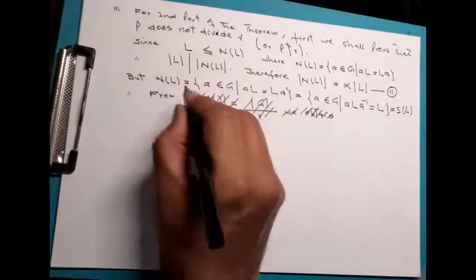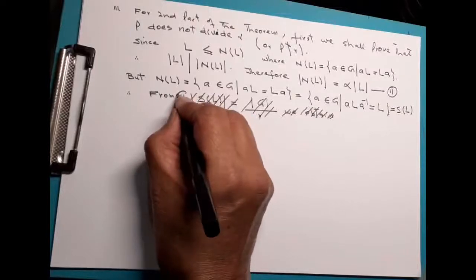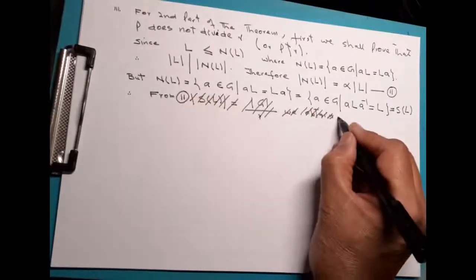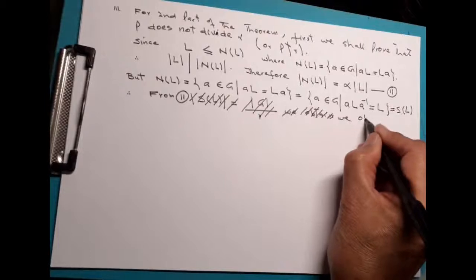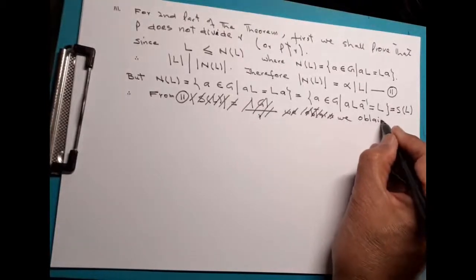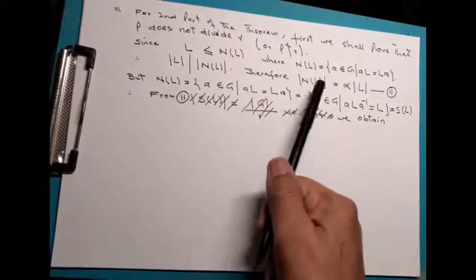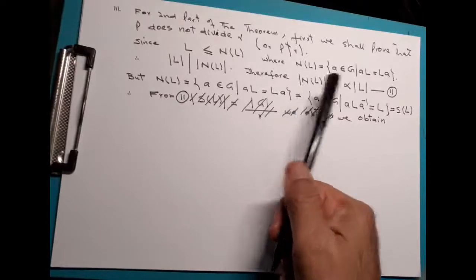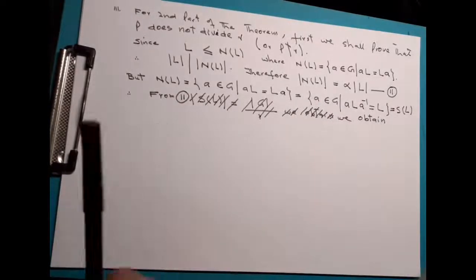So from 2, in 2 instead of NL we replace SL.